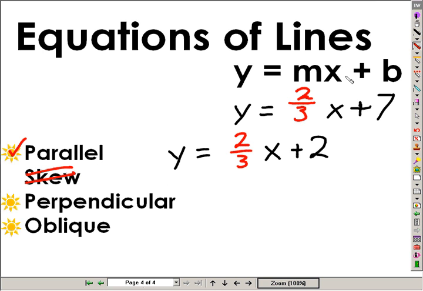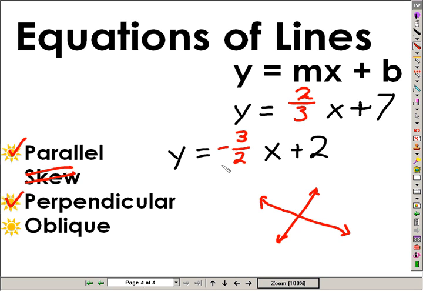If I wanted a line that is perpendicular to the given one, I'm not going to use 2/3. Perpendicular has to go in an opposite direction, you could say. That is, if one line's going down, the other line would have to be going up. So if this line is 2/3, this one's going to have to be negative, and we use the reciprocal, 3/2.